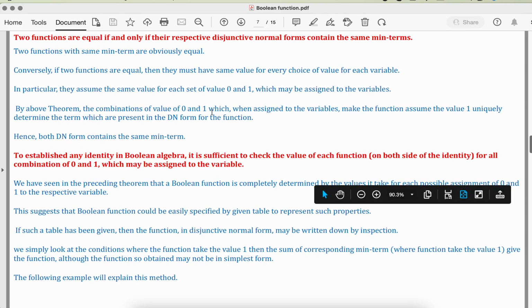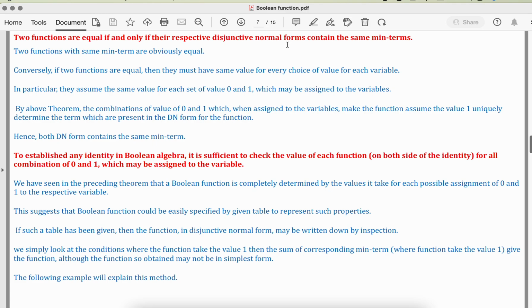Now one more result. Two functions are equal if and only if their respective disjunctive normal forms contain the same minterms. So to prove this, two functions with the same minterms are obviously equal. Now the converse: if two functions are equal, then they must have the same value for every choice of values for each variable.